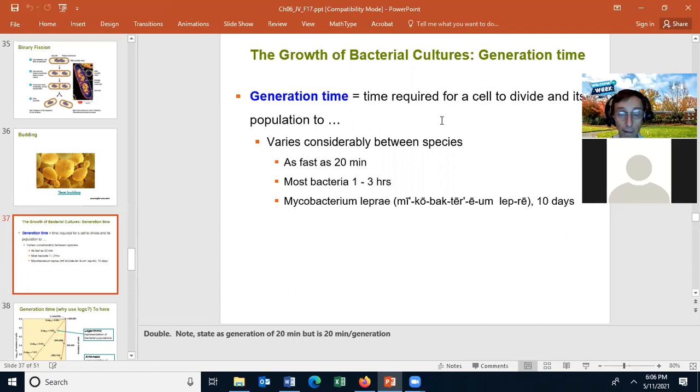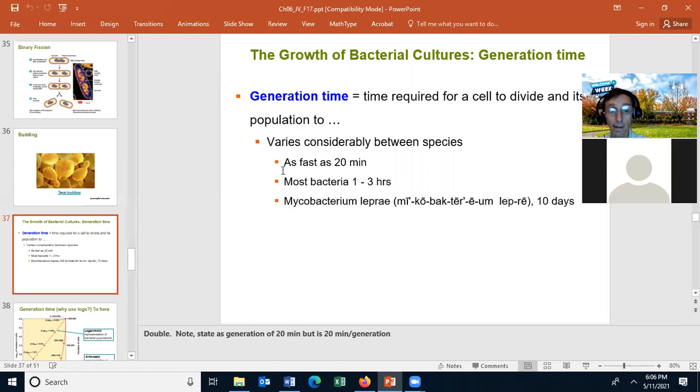Mycobacterium leprae, the bacterium that causes leprosy, doubles once every 10 days. So it grows much slower. Generally speaking, the mycobacteria have a slower generation time because they have mycolic acid in the cell wall, and it takes the bacteria a long time to make that mycolic acid.